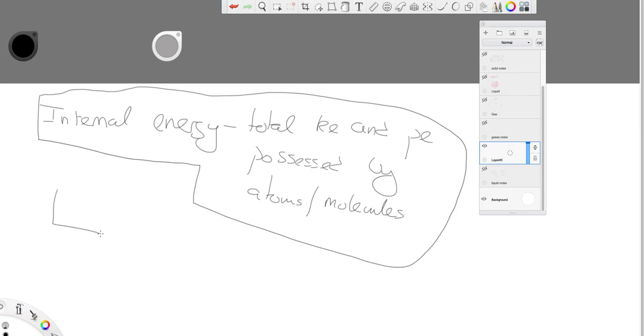You can take your solid, you can add your thermal energy, and that energy that you add might increase the kinetic energy, but it might increase the potential energy. Now, if it increases the potential energy and not the kinetic, then the temperature will not rise, because the temperature is a measure of the average kinetic energy.